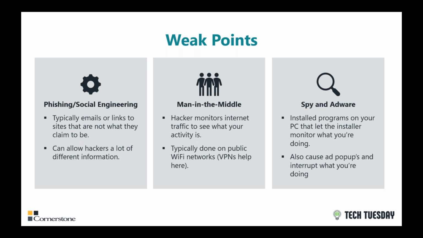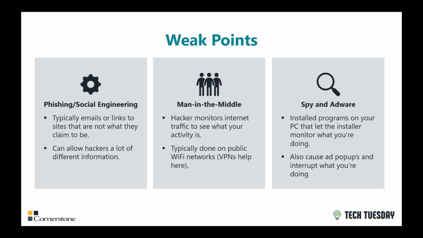Phishing and social engineering are typically done via email, or it could be someone calling in for information about you or your business. Typically, if this is done over a phone call, a hacker might say, oh, are they taking any vacation time soon? I want to make sure that I submit business while they're there in the office, things like that. And they'll use that to construct, okay, when will this person be in the office?